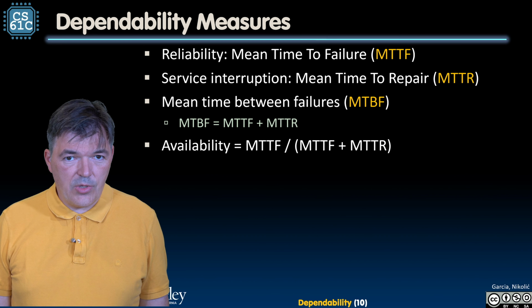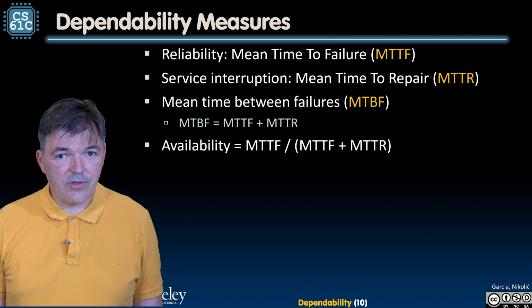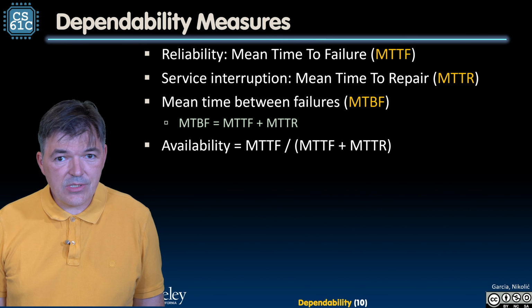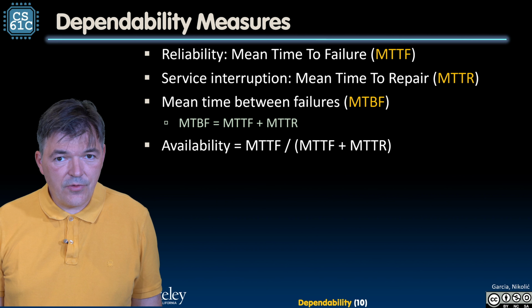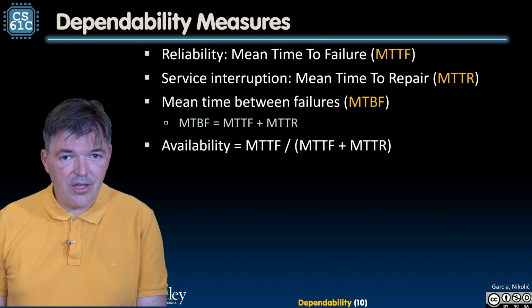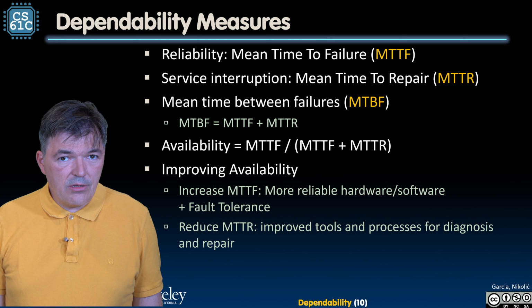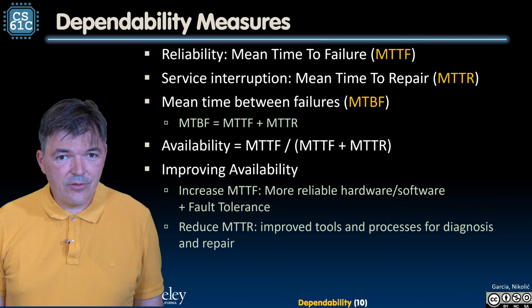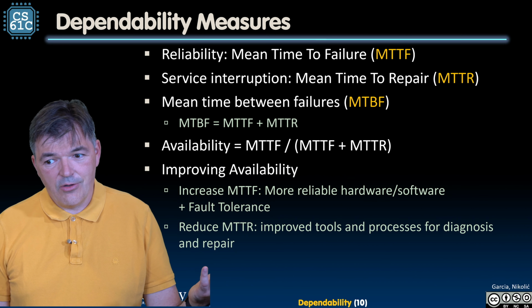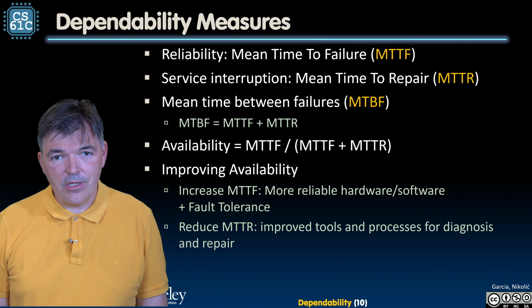And then we can define something that is also very important, which is the availability of a system. Availability of a system is simply the mean time to failure divided by the sum of the mean time to failure and the mean time to repair. How can we improve the availability of our system? Well, we can either work on increasing the numerator or decreasing the denominator.